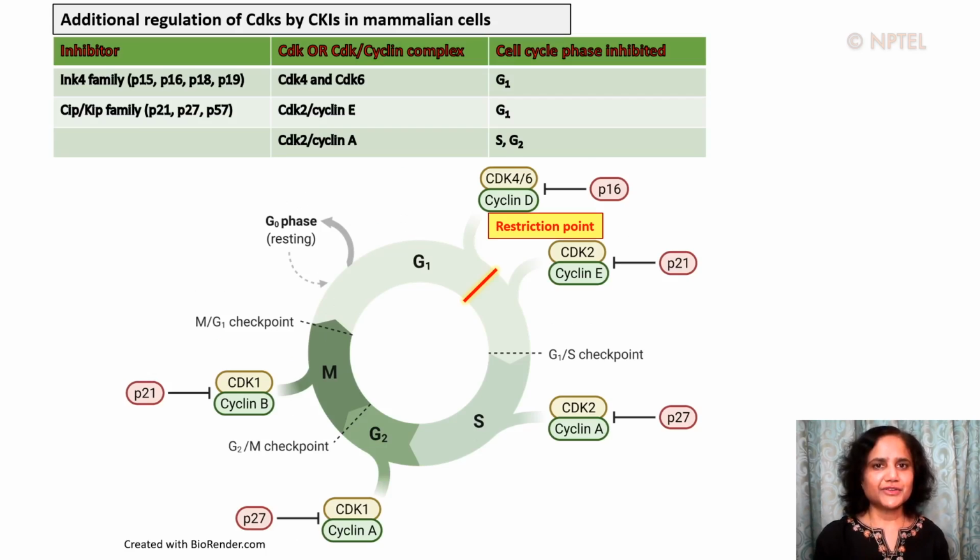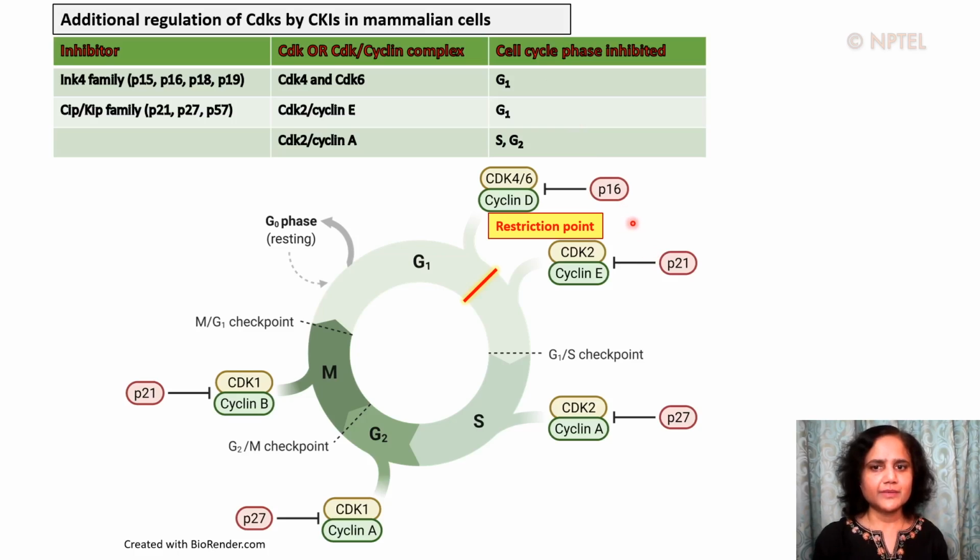Another layer of control is shown here. There's additional regulation of CDKs by the cyclin-dependent kinase inhibitors or CKIs in mammalian cells. Examples of these are shown here. The INK4 family act to inhibit progression through the restriction point in G1.